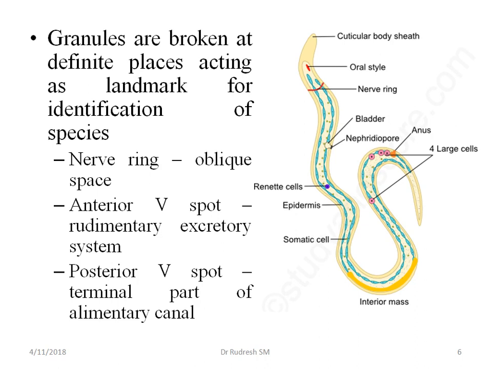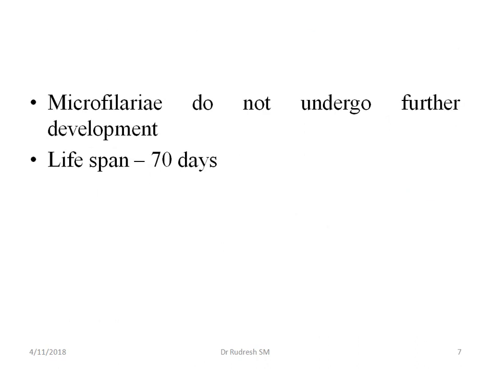So there is an oblique space for a nerve ring, which we can see here, and an anterior V spot and a posterior V spot. The anterior V spot represents a rudimentary excretory system, and the posterior V spot is the terminal part of the alimentary canal.